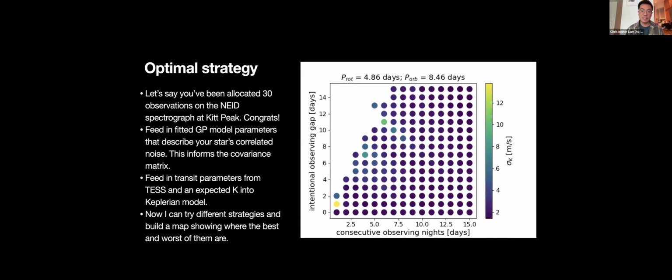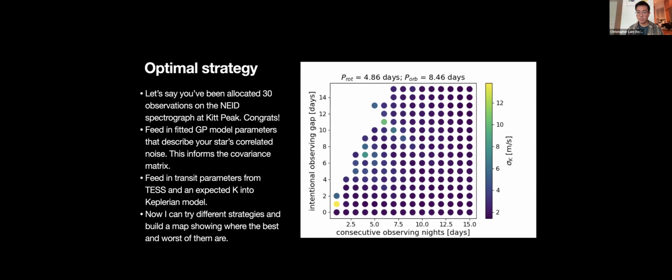But this map takes a very short amount of time to generate, and that's kind of the point here. You can try so many wildly different strategies, and see just visually where the danger zones and the non-danger zones are.